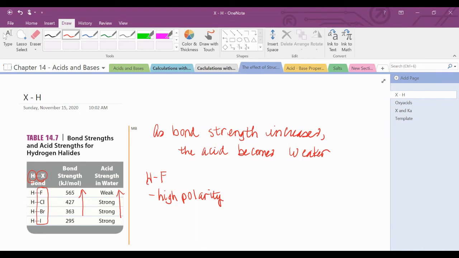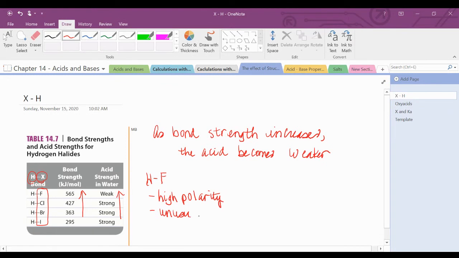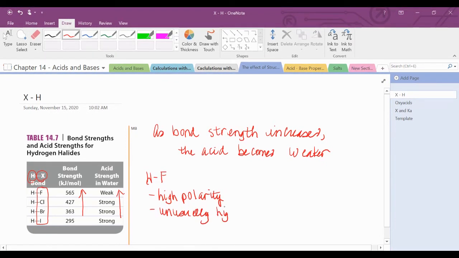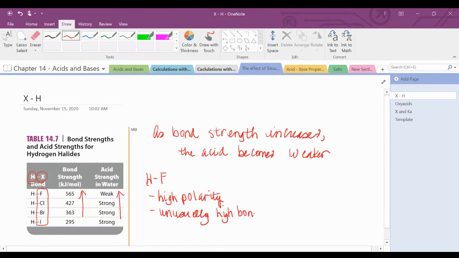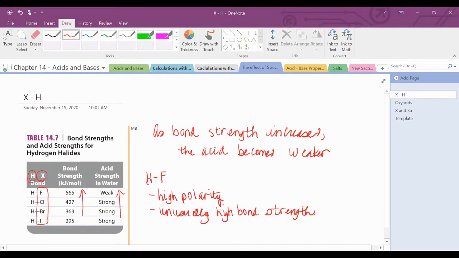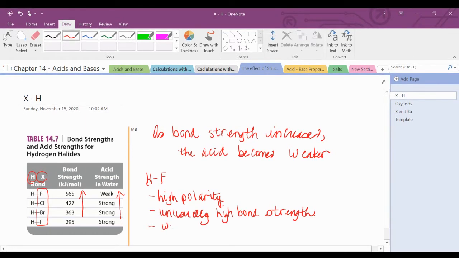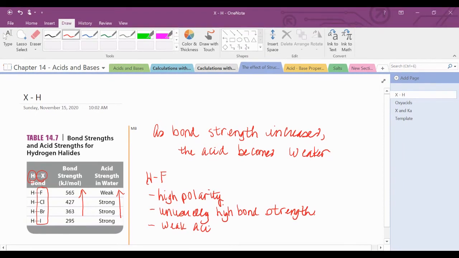But we see that that's not what happens. And we base this on its unusually high bond strength. And that's what accounts for this being a weak acid instead of a strong acid.